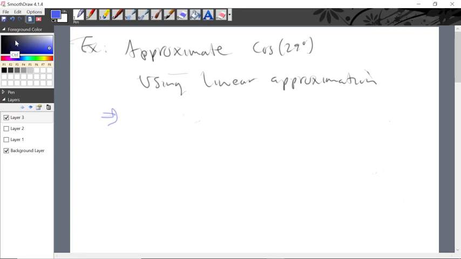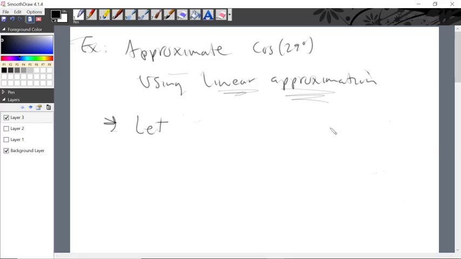Okay, first thing is we should decide on a function that we're going to allow to approximate this value. Now, the approximation that we're being asked to find, the linear approximation, that's the tangent line. So that's what we want.